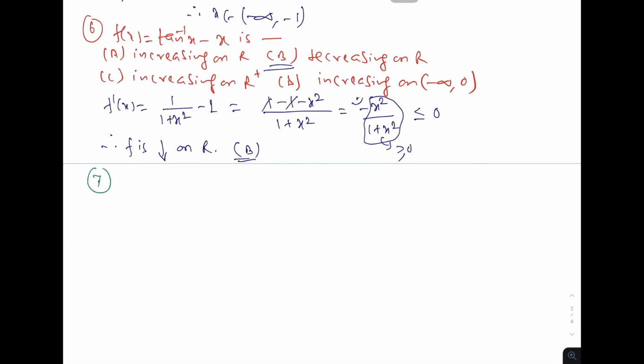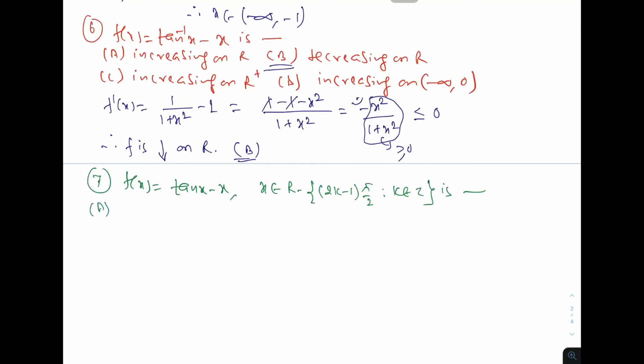Next, let us take f x is equal to tan x minus x, where x belongs to R minus 2k minus 1 pi by 2, k belongs to Z, is blank.